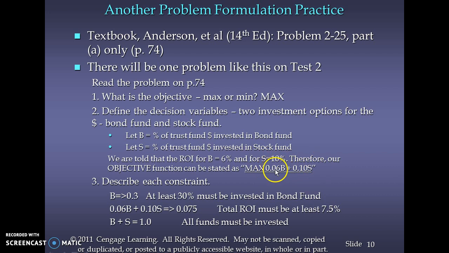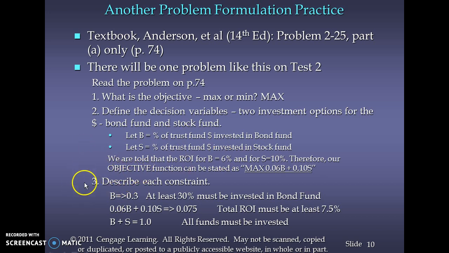We're going to get 6% on the bonds and a 10% rate of return on the stocks. Our objective function can be expressed as max 0.06B plus 0.10S. So that's our objective function. In many cases, when I give you problems to graphically solve, I will give you the objective functions. But in this case, we're going to be asking you to set things up because that's real world. You've got to be able to set these things up.